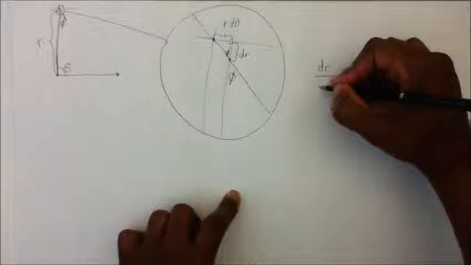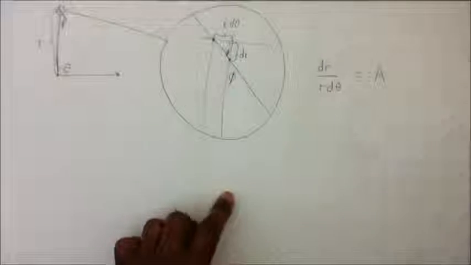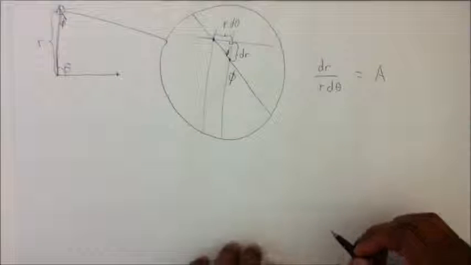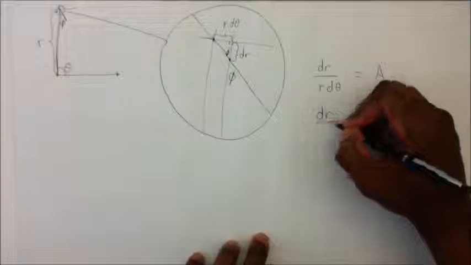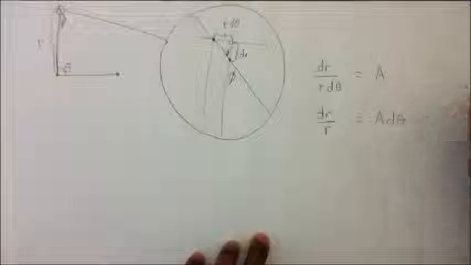So dr over r d theta is equal to a constant which we call a. Now I can multiply both sides by d theta, so dr over r is equal to a d theta.